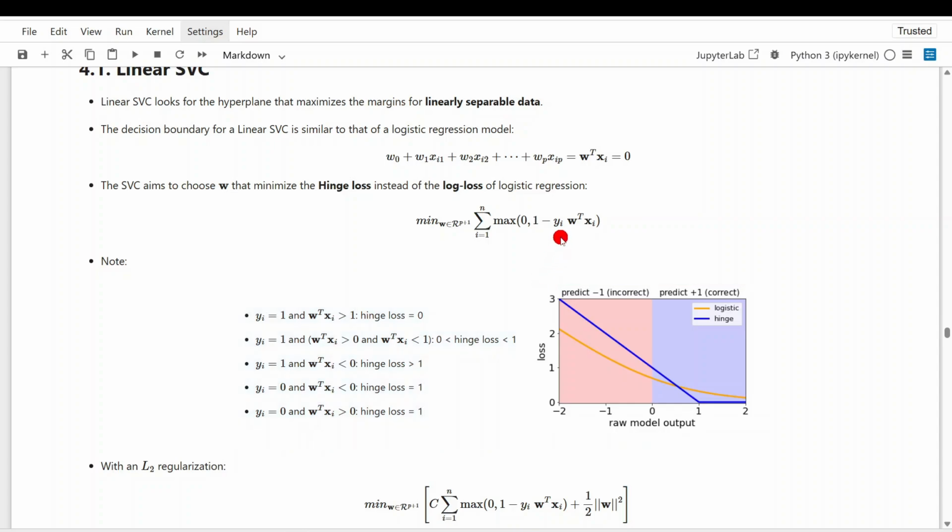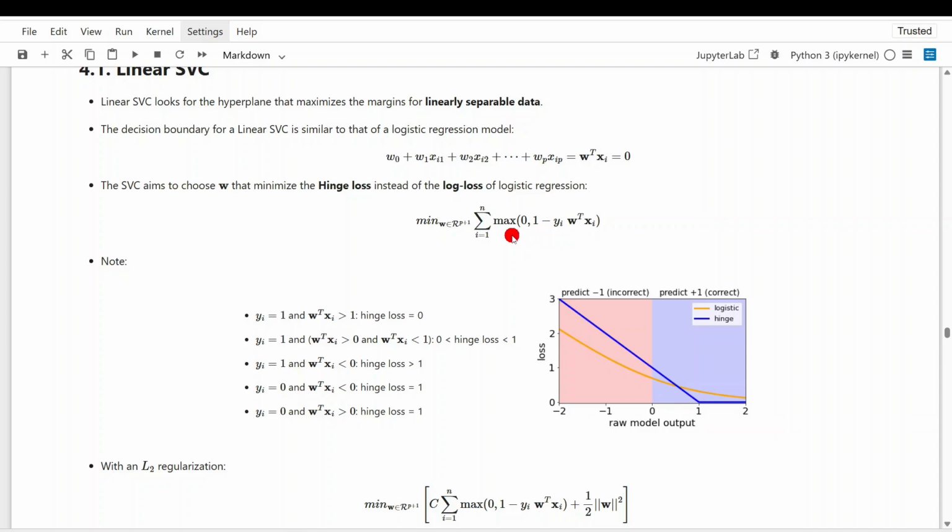And again, if yi is 1, but if this linear predictor predicts a value less than 0, that's negative, then 1 times a negative number, the product will be negative. Then 1 minus a negative number will be 1 plus a positive number, which will yield a number greater than 1.